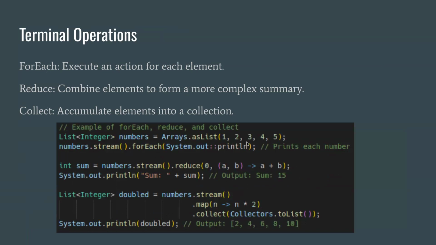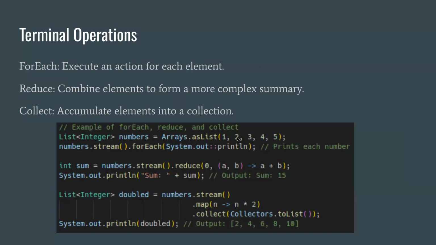Terminal operations. Now we looked at intermediate operations. Let's move on to terminal operations. These are where the action happens. forEach, reduce and collect are three operations. forEach applies a function to each element, typically performing side effects.